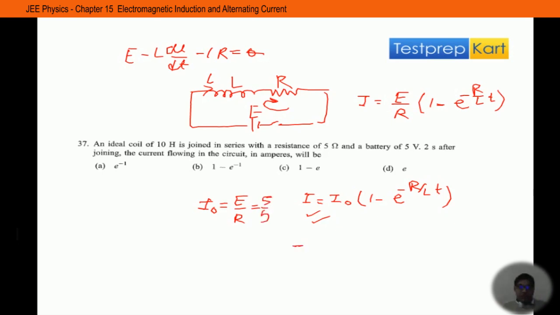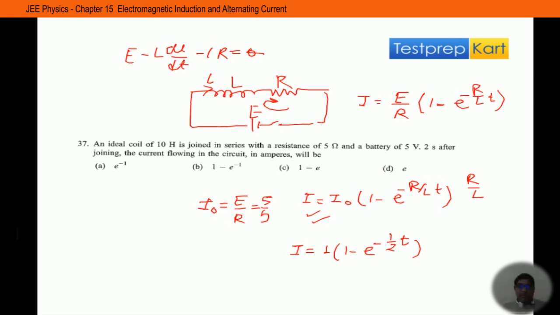So we can rewrite our equation as 1 into 1 minus e to power minus R over L into t. R is 5 and L is 10, so R over L is 1 over 2, that is 5 over 10. So 1 over 2 into t.